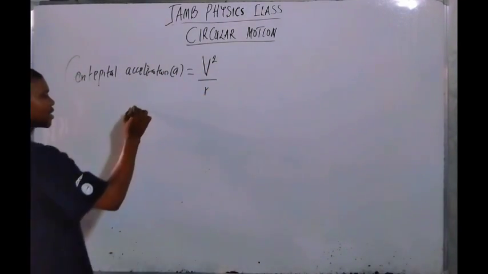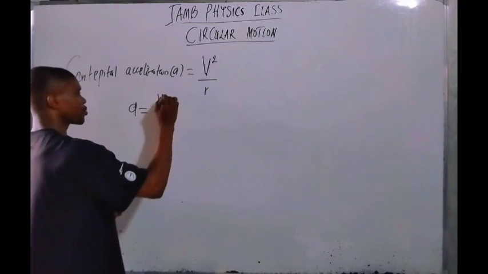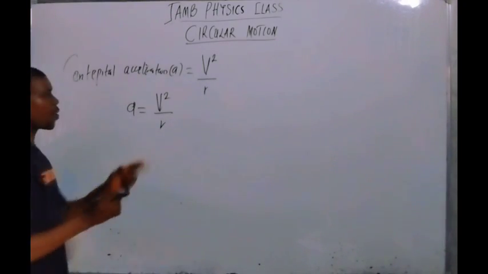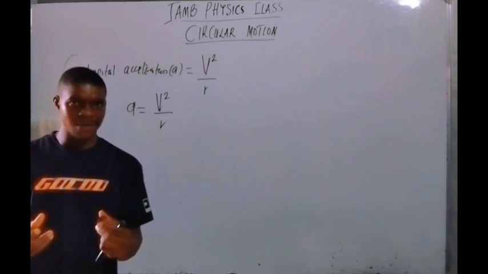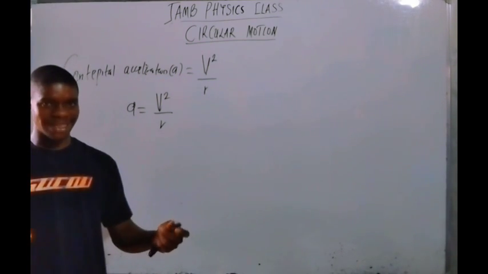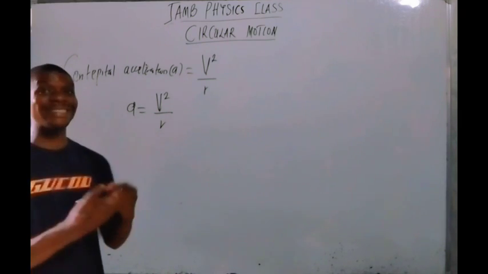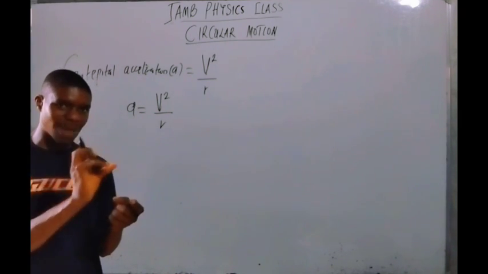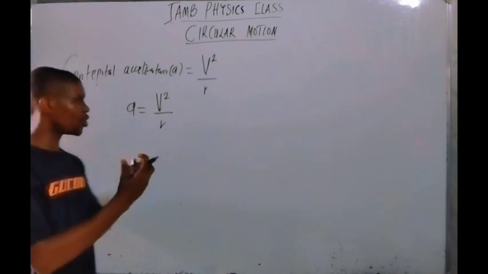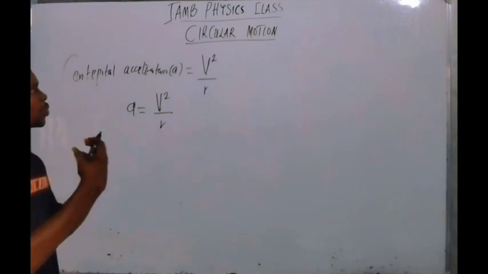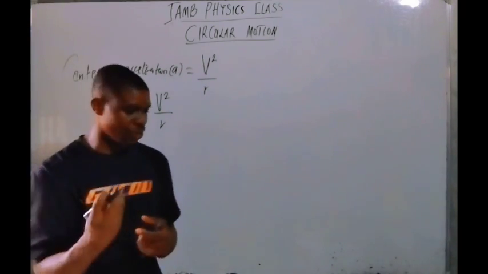What is v? v is the speed or the velocity of the object. r is the radius of the circular path. This is a simple formula you can use when it comes to centripetal acceleration.